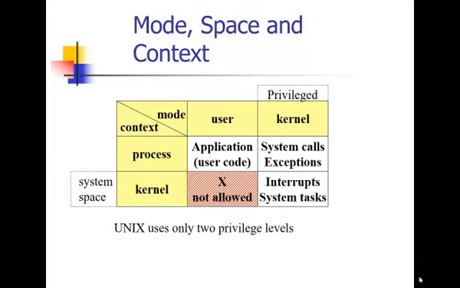So when we consider the two modes, that is user mode and the kernel mode, so user mode we consider as non-privileged mode, kernel mode is considered as privileged mode. So a user can access the application at the user level in the user mode, but it does not allow the user to enter into the kernel mode.